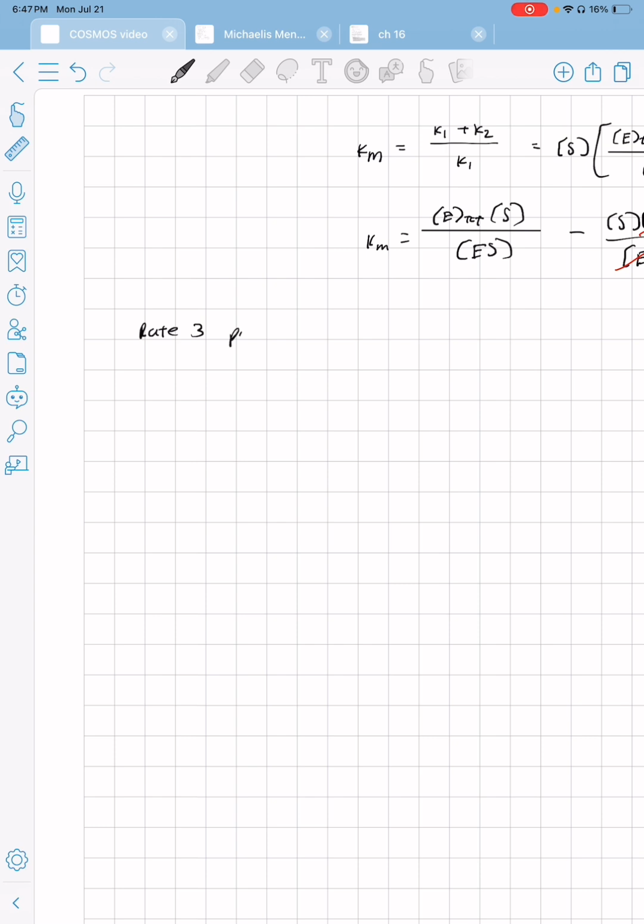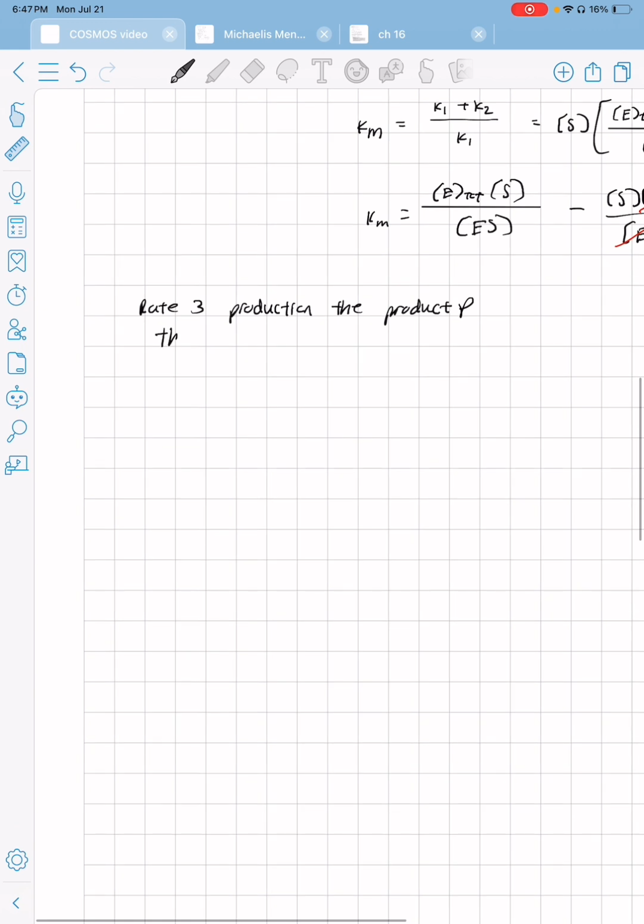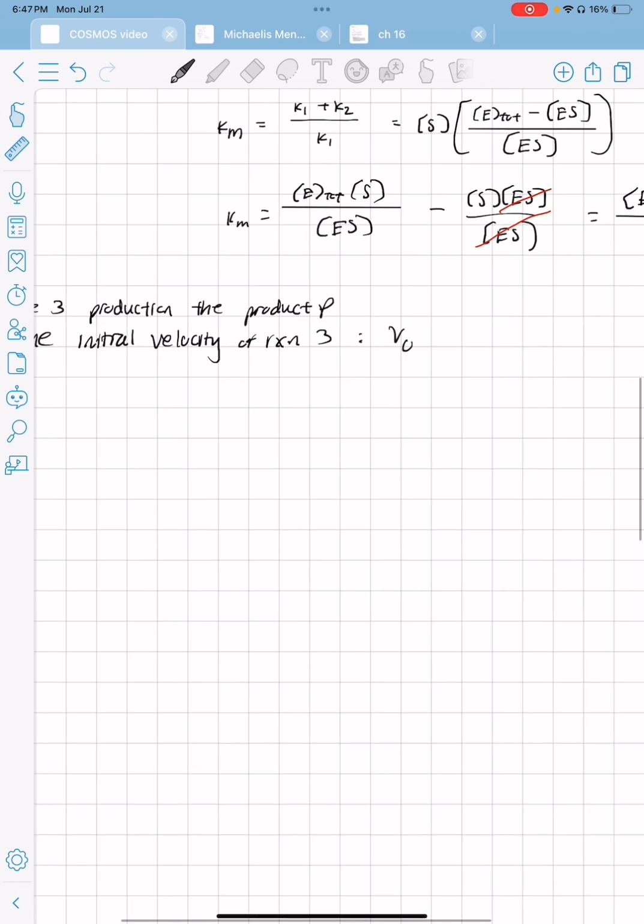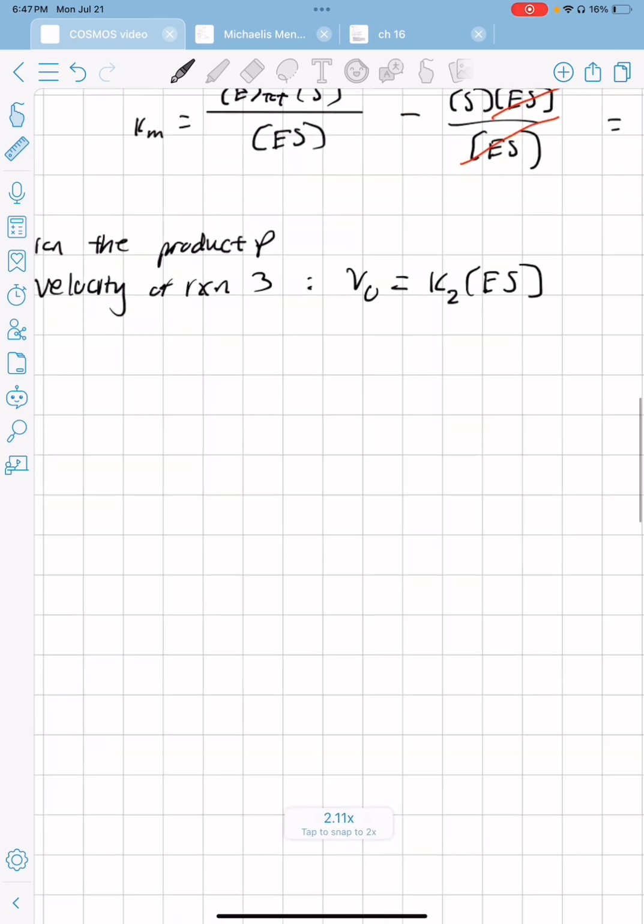And so we know that rate 3, what we've defined, is equal to the production of product P. It's the rate of the product being formed. Write this down. And so the velocity, the initial velocity, I should say, of reaction 3 is V0 equals K2 times the concentration of enzyme substrate complex.